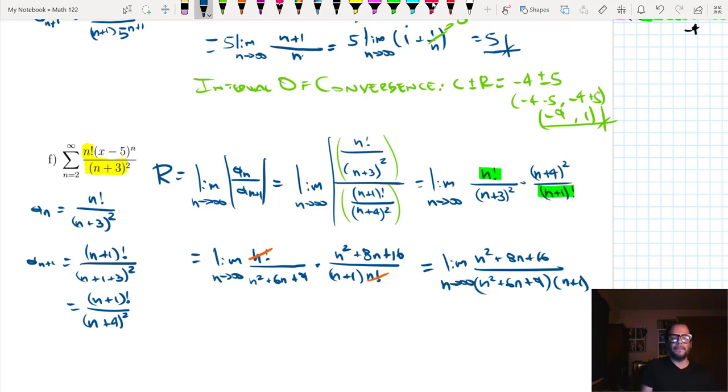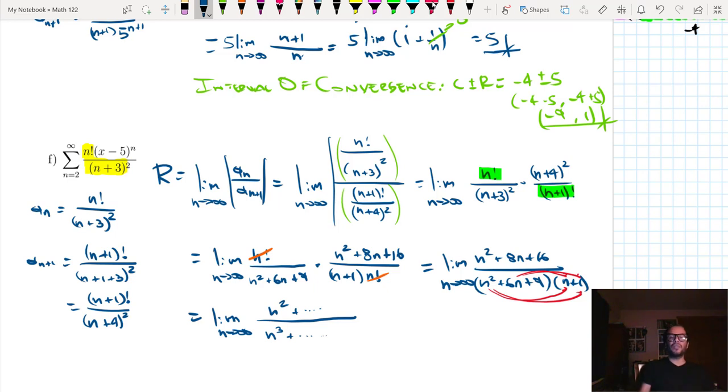Now look at the denominator. If we continue the foiling, which I don't want to do, we're going to get as the highest of the terms an n cubed. So in the denominator, I'm going to have n cubed plus garbage, and in the numerator, I'm going to have n squared plus garbage.